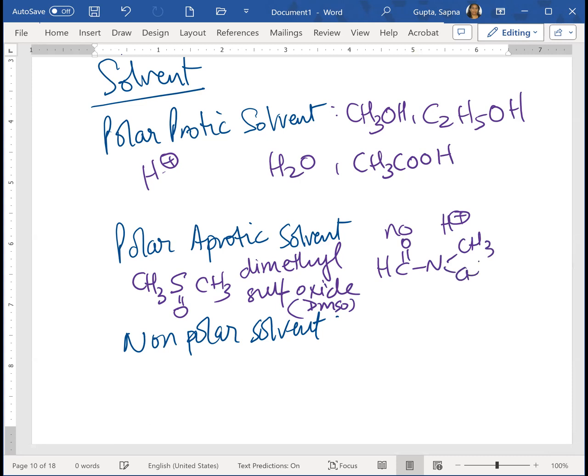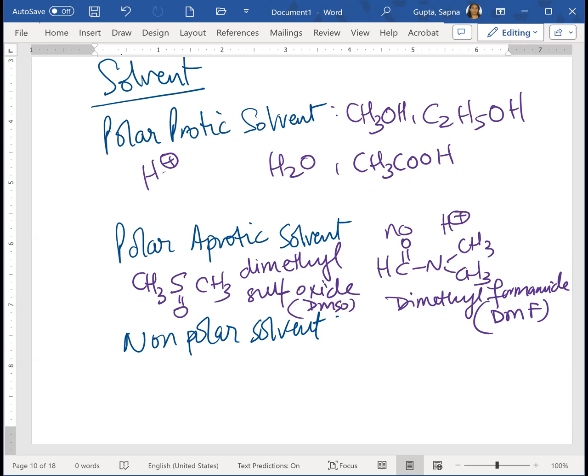CH3, CH3, dimethyl. If you don't remember the structure of these, don't worry about them. I need you to remember the name and remember whether they are protic or aprotic, okay? And protic are very easy to remember, right? So the protic solvents that I've given you here, or even if I don't give you, you just look for the acidic proton in them.